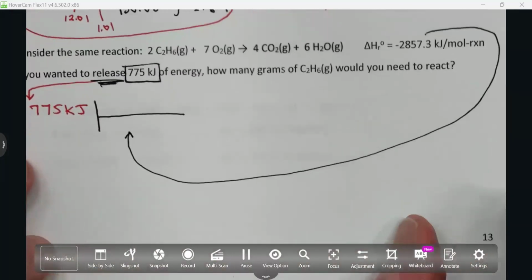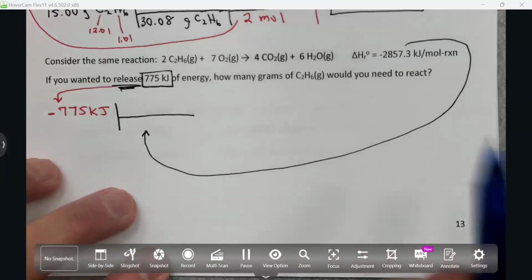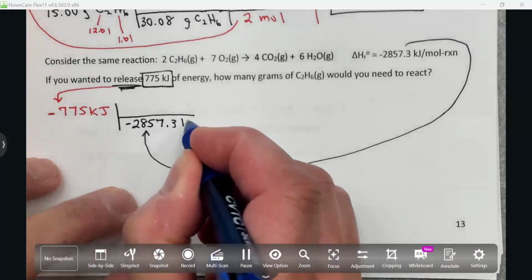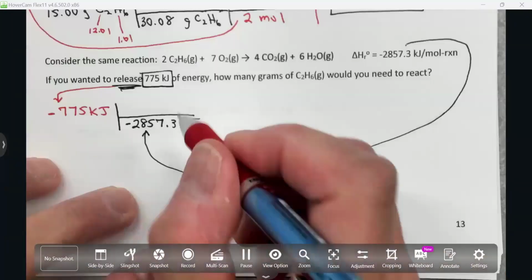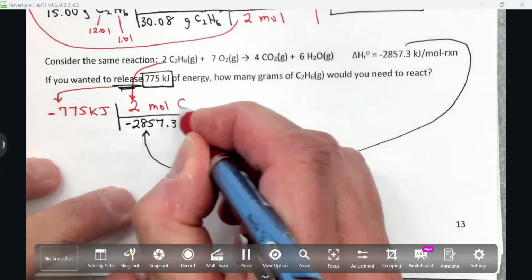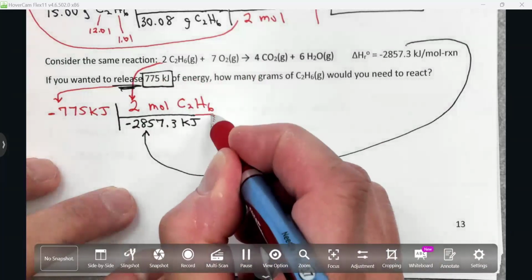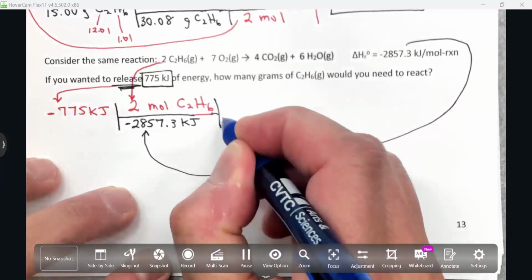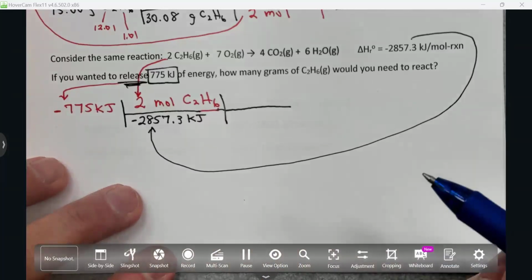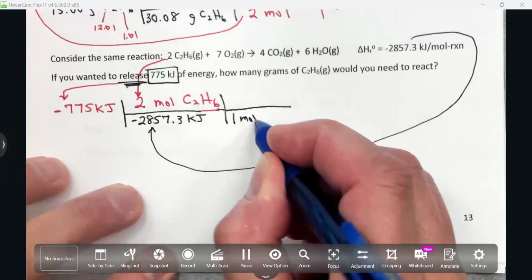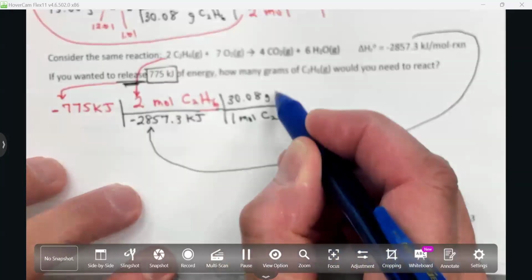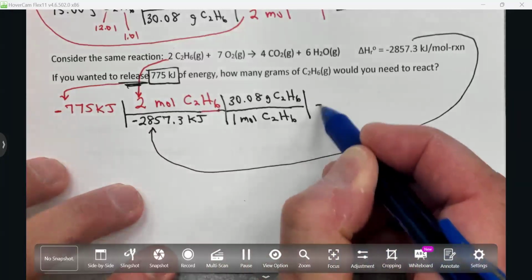And my energy is negative 2857.3 kilojoules per 2 moles. And then 1 mole of C2H6 is 30.08 grams.